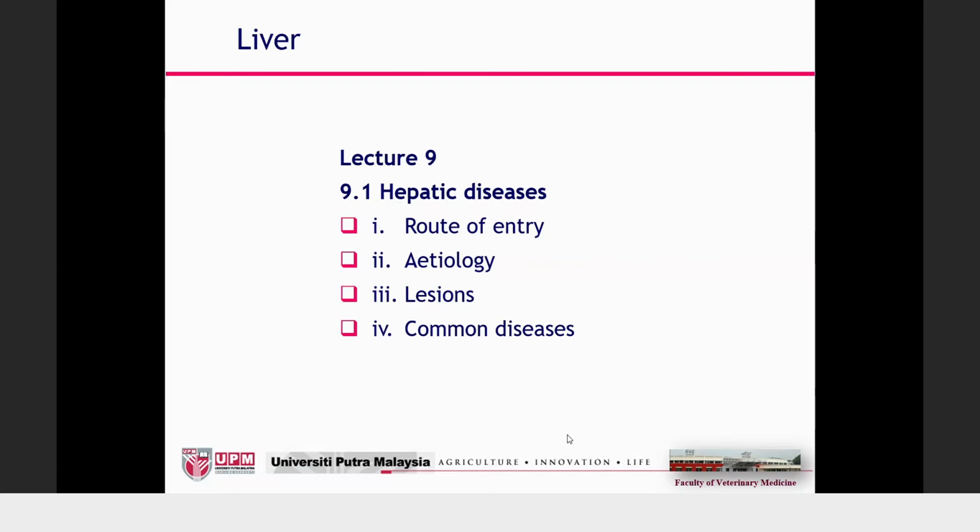Then you look at the agents. When we talk about agents, normally we always focus on two important things. One is infectious, another one is non-infectious. And when you go for infectious, we might further divide it. It can be viruses, bacteria, parasites, fungi, and others.